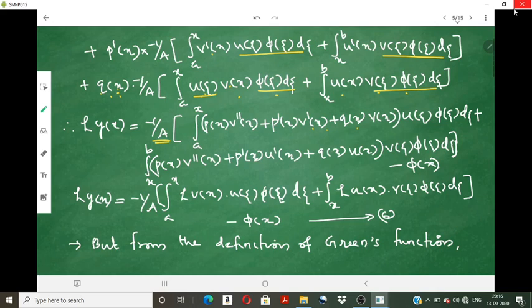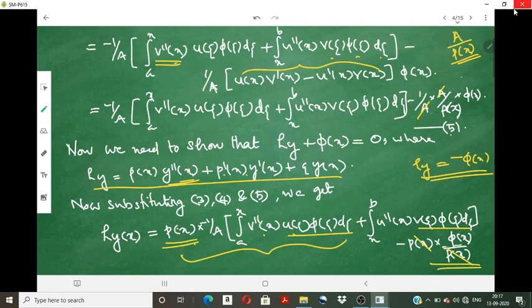All these are common. Then in all the integrals, u theta phi theta d theta is common. In the same way, we can write integral x to b as p of x into v double dash of x plus p dash x into u dash x plus q of x into u of x, all into v of theta phi theta d theta, which is common in all integrals from x to b, minus the last term, that is minus phi of x.